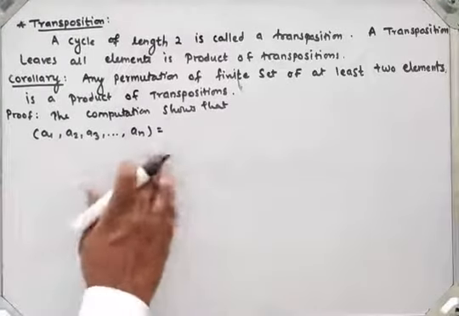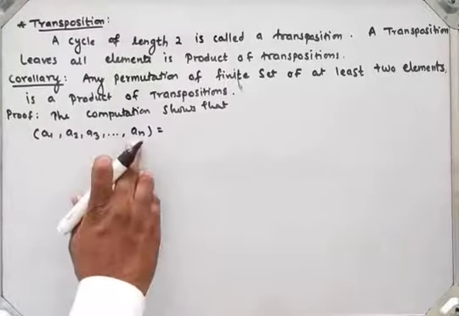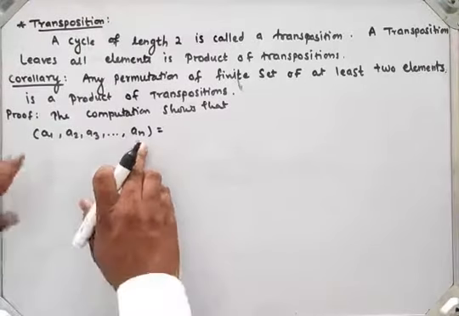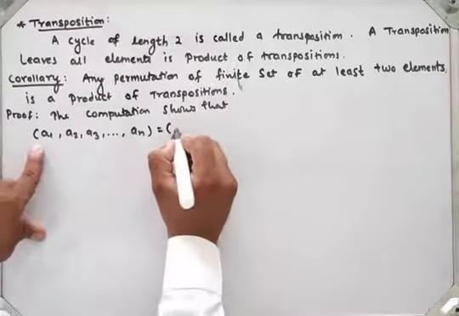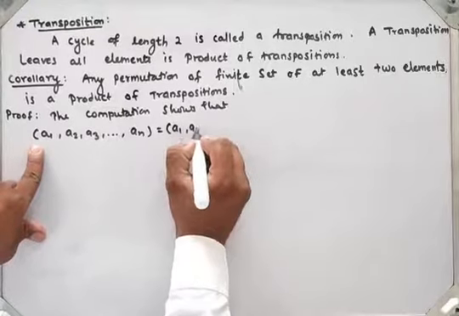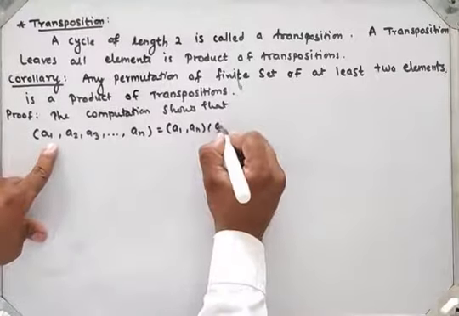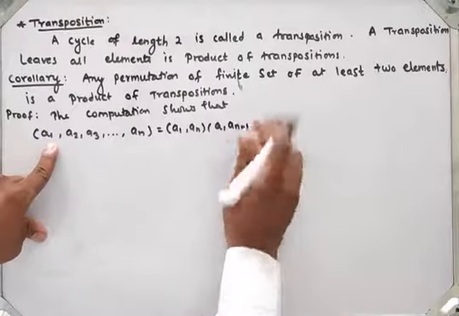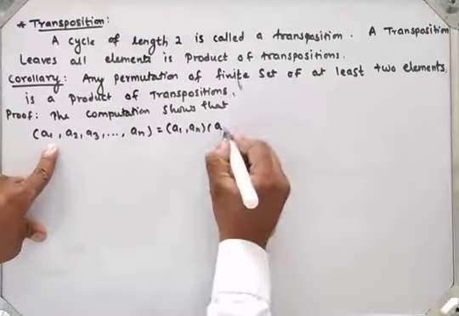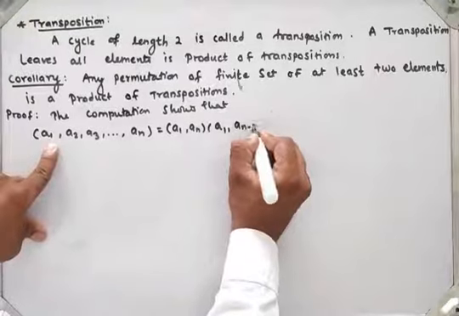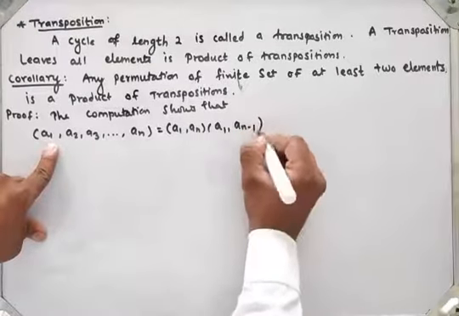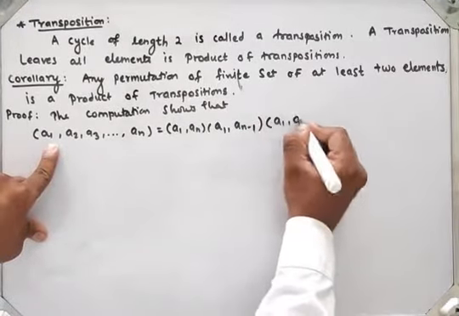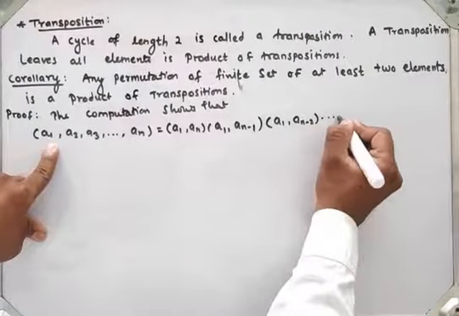So this is a cycle of length n. This cycle can be written as (a1 an), next the product (a1 an minus 1), next (a1 an minus 2), up to so on.